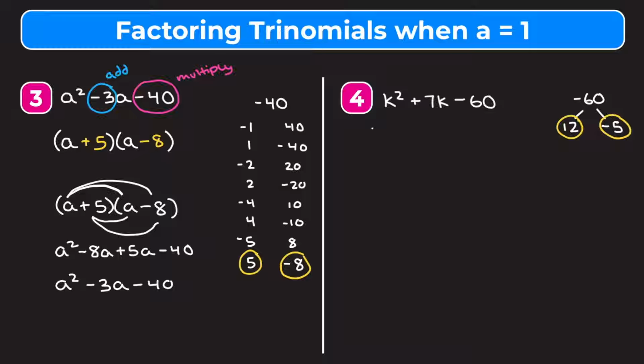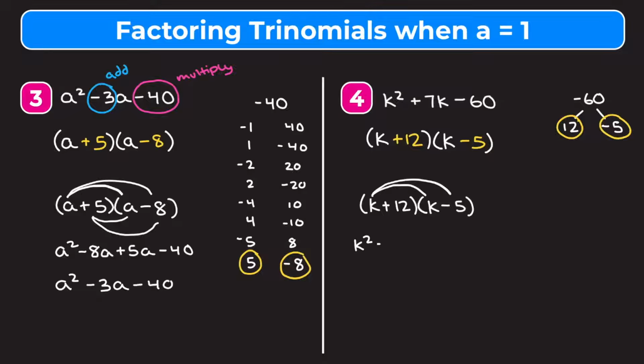So now we're going to factor our trinomial. So we have k plus 12 times k minus 5. And we always want to check, so we're going to do k plus 12 times k minus 5 to make sure that it foils out to our original expression. K times k is k squared.